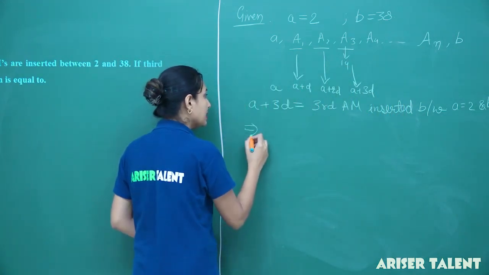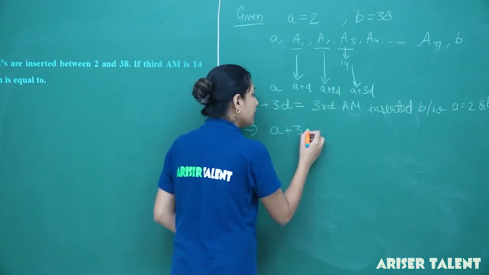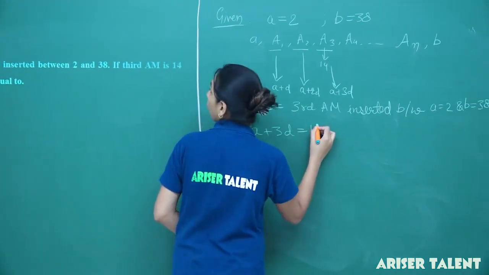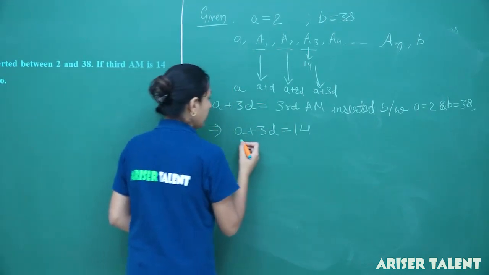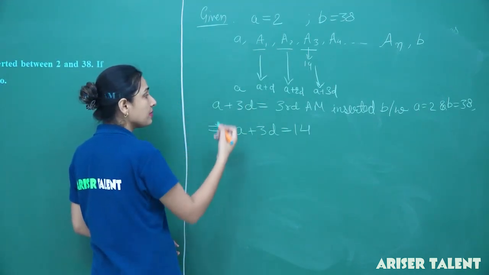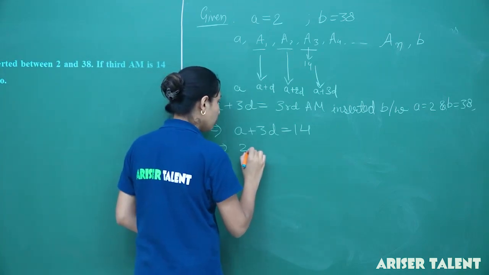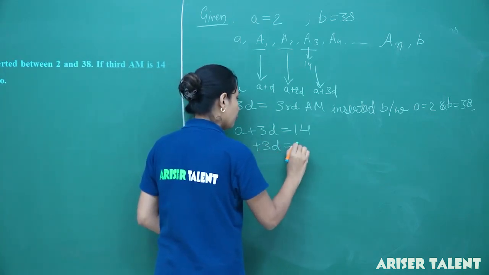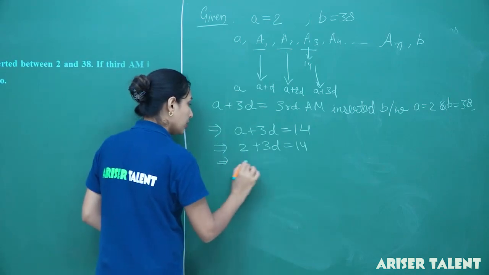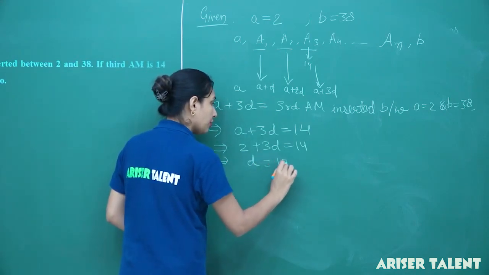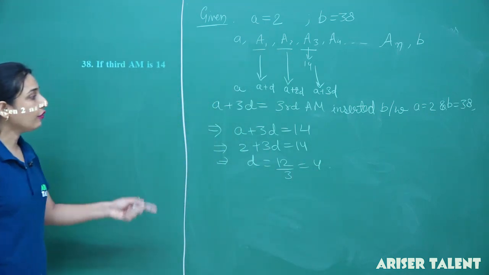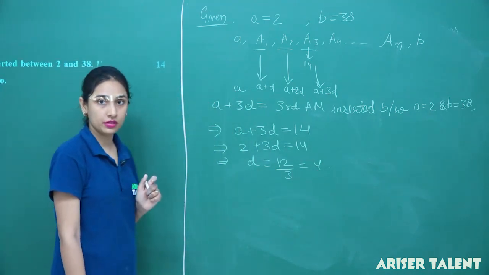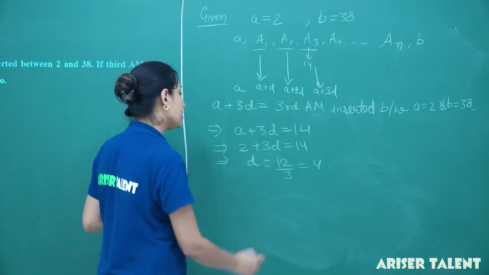So this implies that A plus 3D equals 14. A is the first term, which is given as 2. So 2 plus 3D equals 14, or D equals 12 by 3, which equals 4. So now you have 4 as your common difference, D.